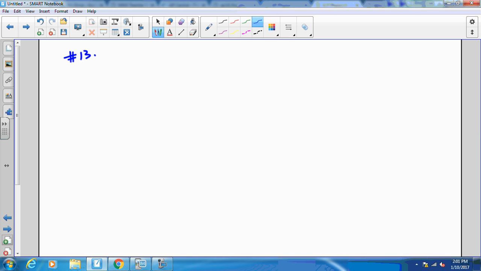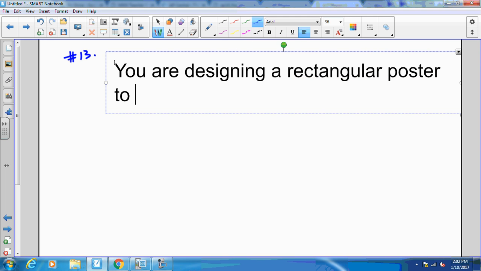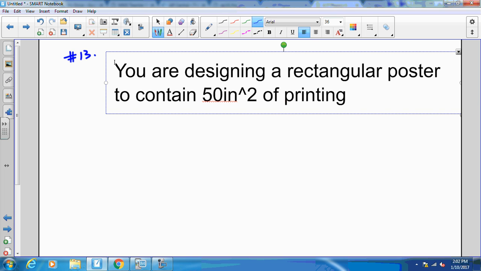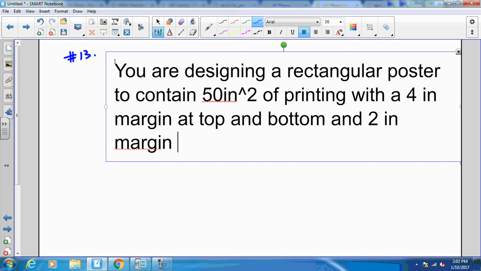You are designing a rectangular poster to contain 50 square inches of printing, with a 4-inch margin at the top and bottom, and a 2-inch margin on each side.